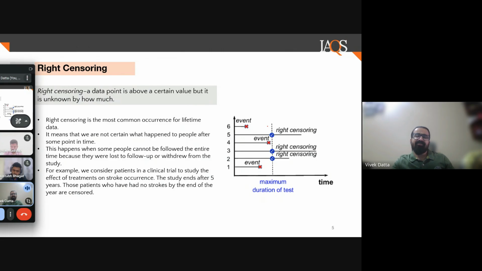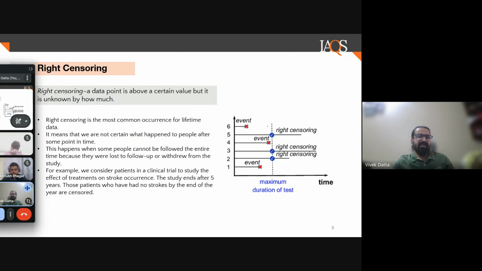But the fact that I have chosen to stop, and that is predetermined, which means I know this is a 2-year course and 2 years from now I will stop tracking, is called type 1 censoring.